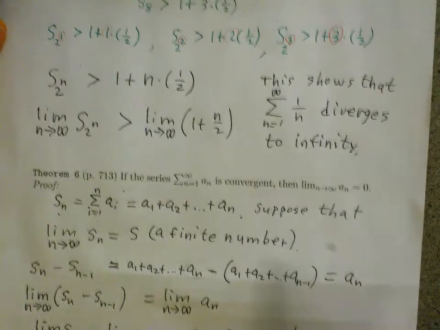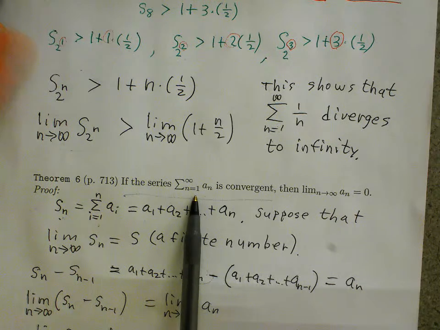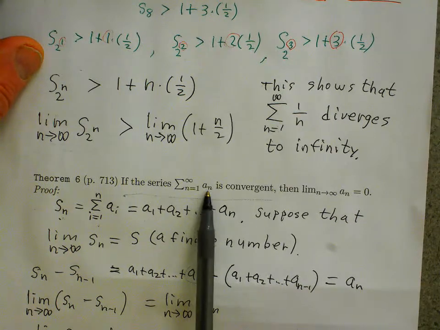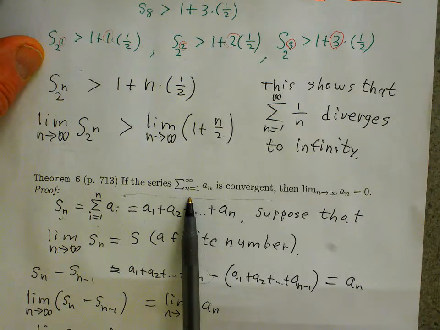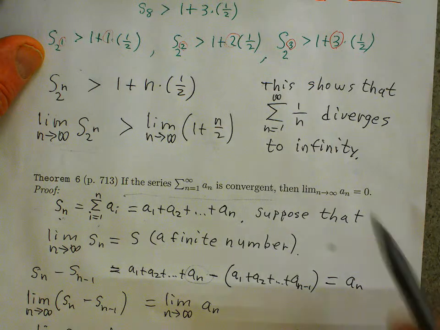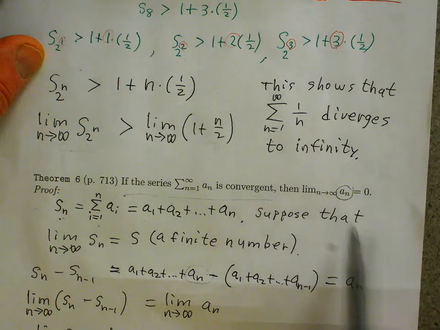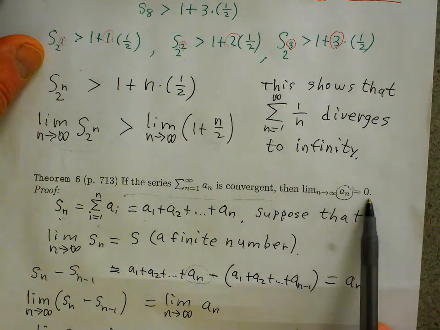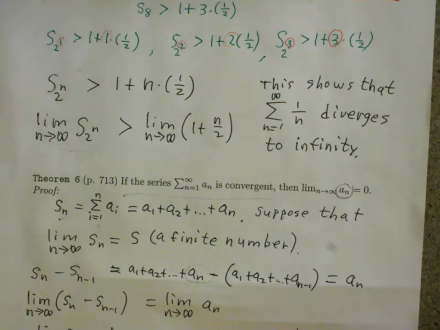Okay, so just to reiterate, if this series of a sub n terms as n ranges from 1 to infinity is convergent, then the limit of the sequence a sub n is equal to 0. Okay, so this theorem is going to help us in some cases.